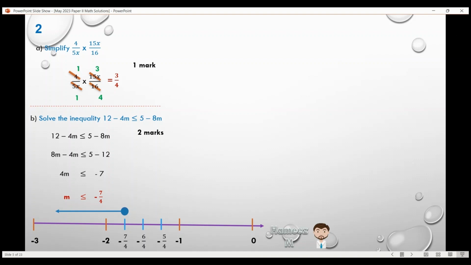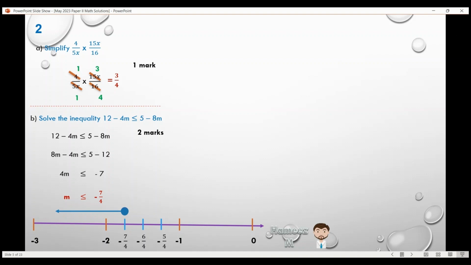So let's try it. If we say m is minus 2, and we put it into the first line, then 12 minus 4 times minus 2, that's 12 plus 4 2s are 8, so 12 plus 8 is 20. Is 20 less than or equal to 5 minus 8 times minus 2? 8 2s are 16, so 5 minus a minus a plus, so 5 plus 16 is 21. 20 is less than or equal to 21, so it works.